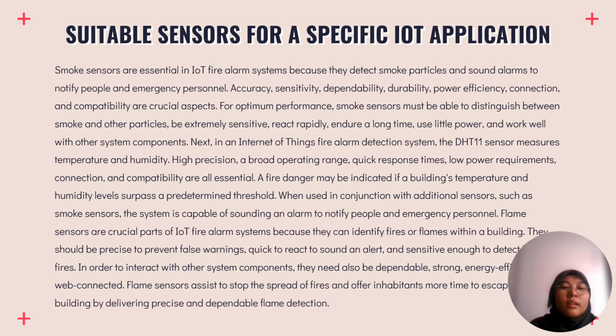So overall, I can say they should be precise to prevent false warnings, quick to react to sound alerts, and sensitive enough to detect fires. In order to interact with other system components, they also need to be dependable, strong, energy effective, and well connected. So flame sensors help stop the spread of fires and offer inhabitants more time to escape the building by delivering precise and dependable flame detection.